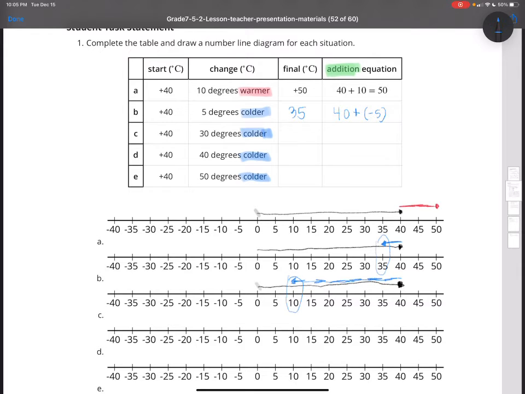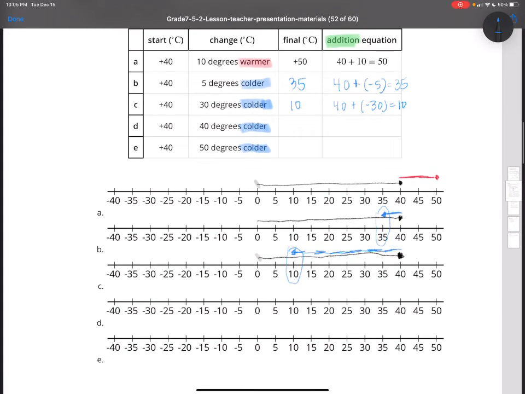And we landed at 10. Oops, I forgot to put that we landed at 35, positive 35. So my final answer is 10. So then I'm going to put 40 plus -30 equals 10. Okay.